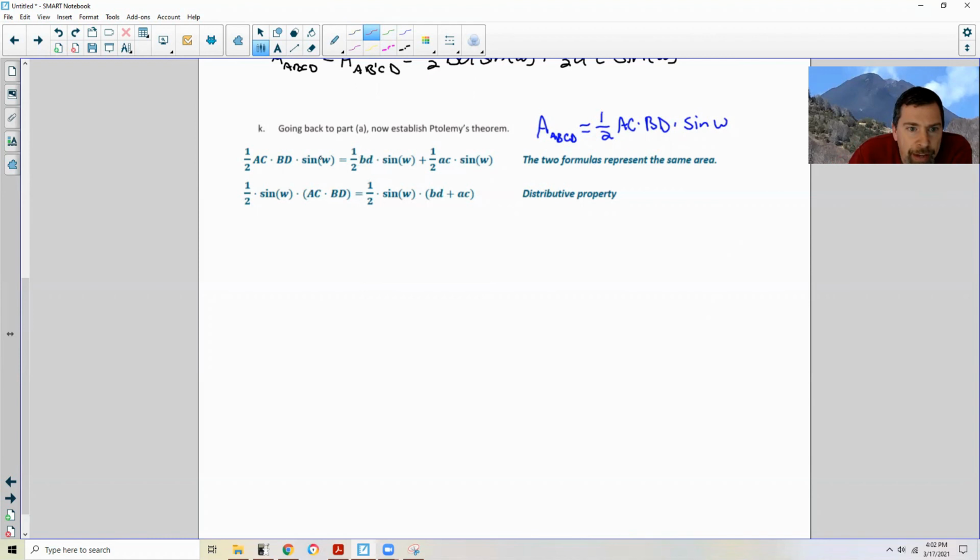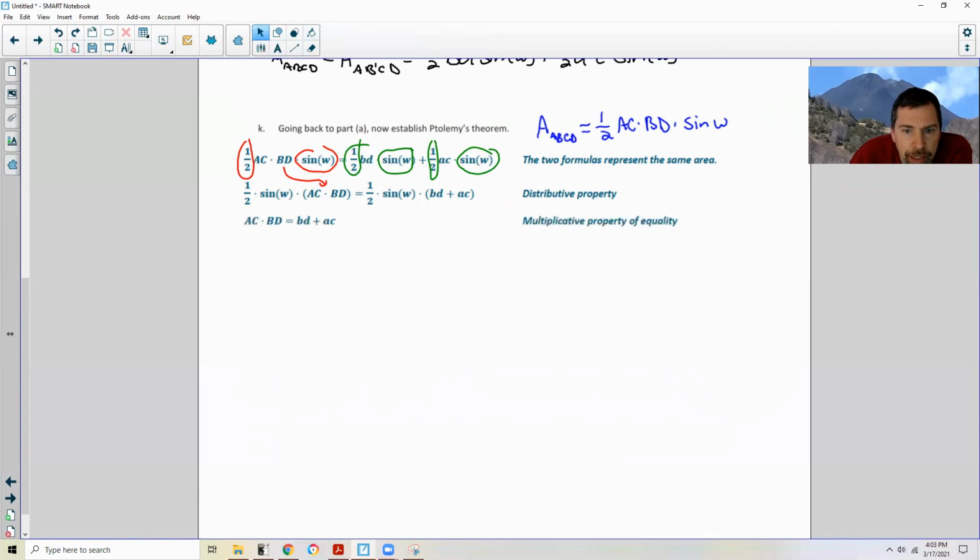So we took a 1/2 and the sine W, and we just rearranged it and put those together, and we brought this down here. Over on this side, we have 1/2 BD sine W plus 1/2 AC sine W. So we factored out the 1/2, and the sine W, and combined them here and said it is BD plus AC, distributive property.